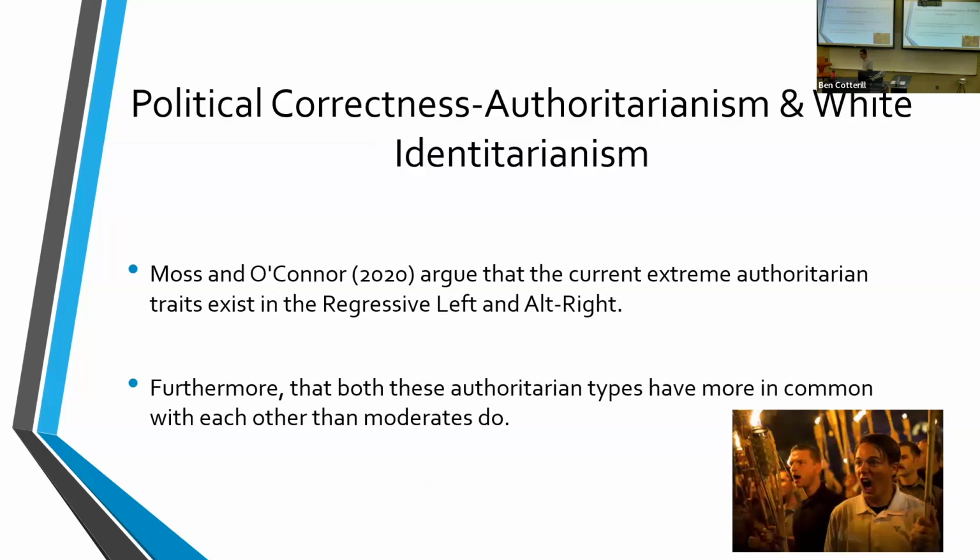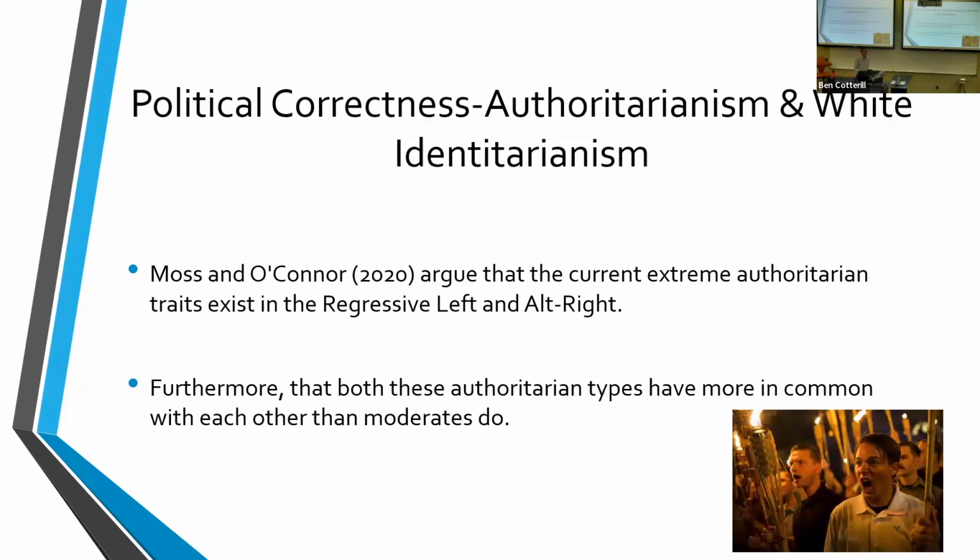Now, what I lastly want to mention is two new forms of authoritarianism that certainly need to be more researched in order to replicate the findings, because Moss and O'Connor are pretty much the two researchers doing all of the publications in this right now. But what they argue is that right-wing authoritarianism, social dominance orientation, all these other ways of capturing authoritarian personalities, are not what's currently most important.